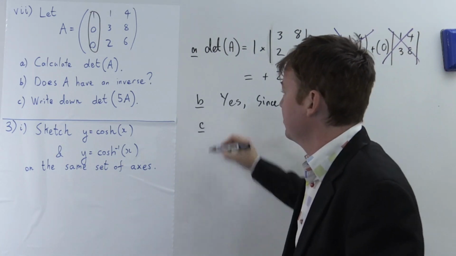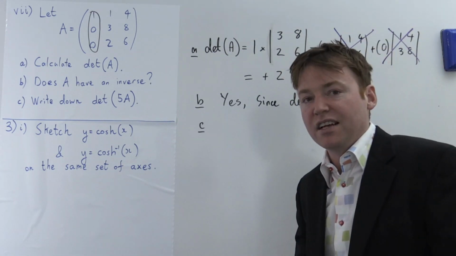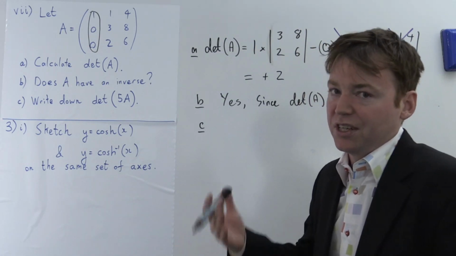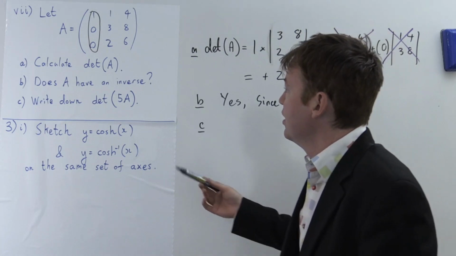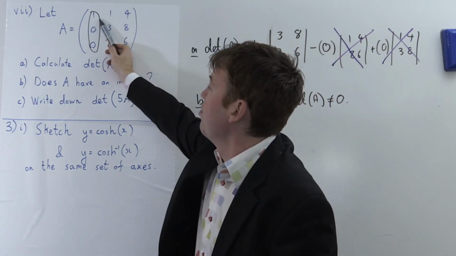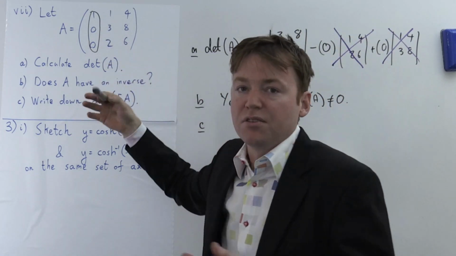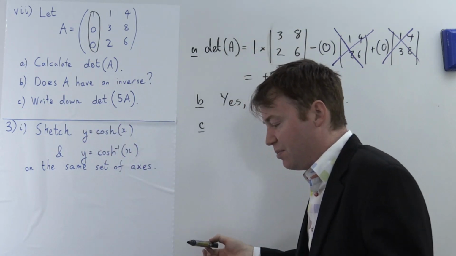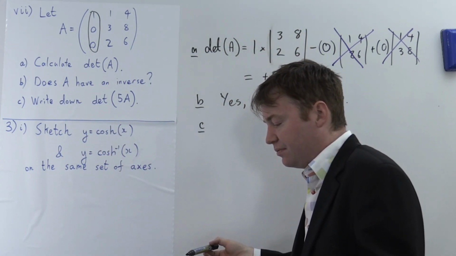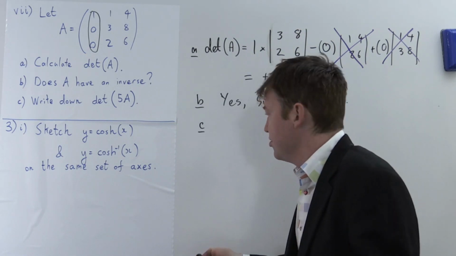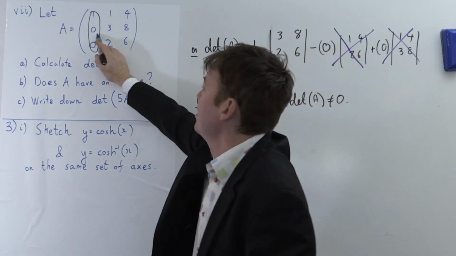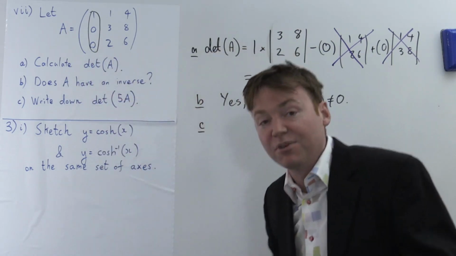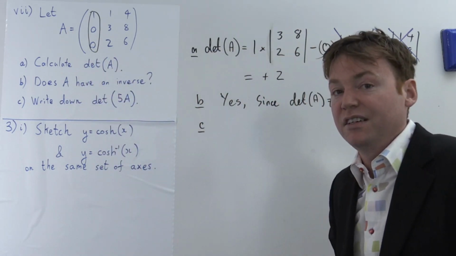And C, write down det of 5A. Now you need to remember how row operations actually affect the determinant. If I multiply this row by 5, that multiplies the determinant by 5. If I multiply this row by 5, that multiplies the determinant by 5, and if I multiply row 3 by 5, that multiplies the determinant by 5.